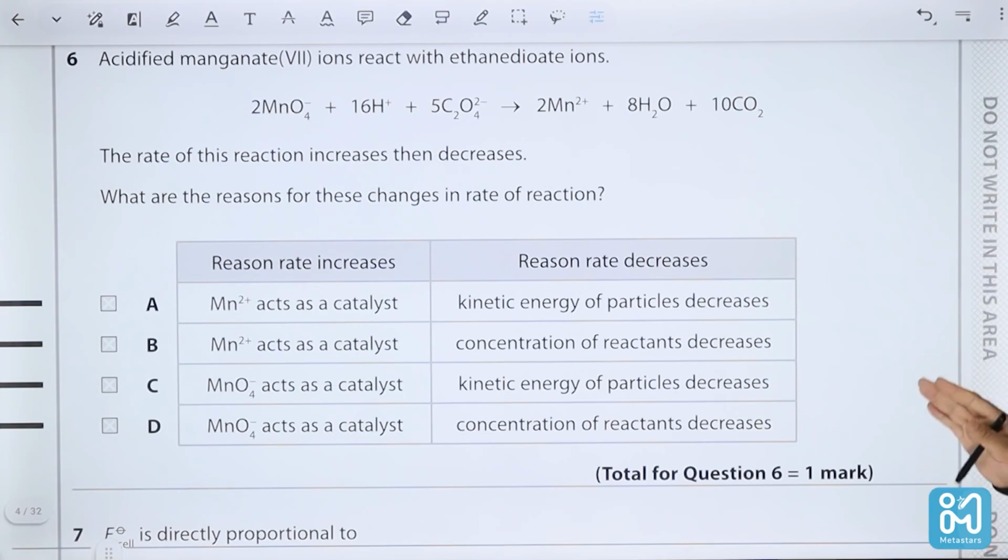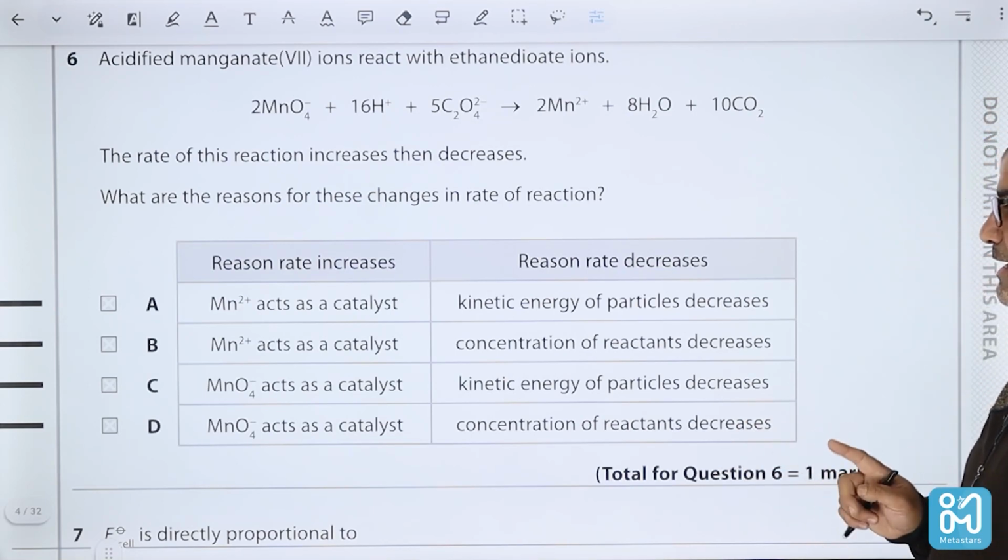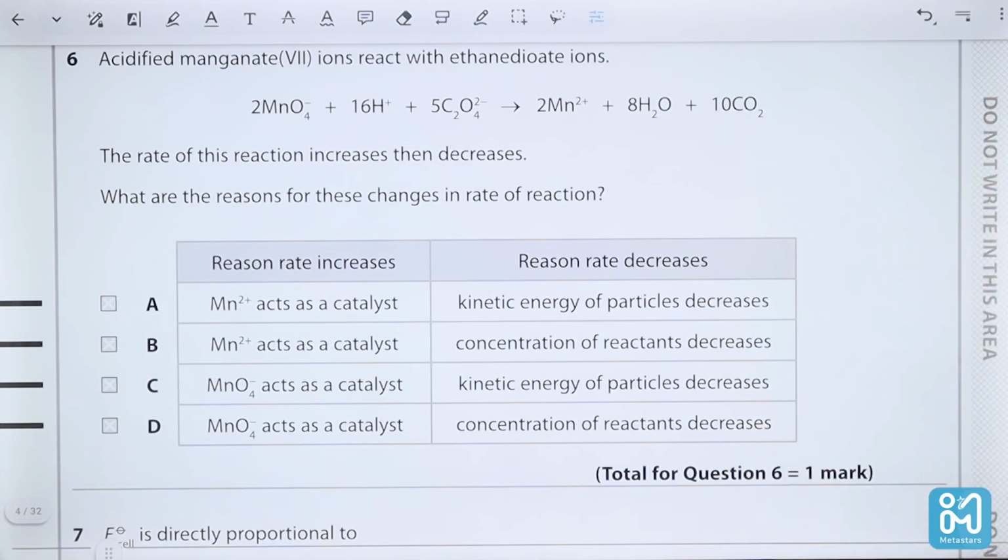The reason the rate increases is because the manganese positive 2 ion works as a catalyst, so A or B is the correct answer.